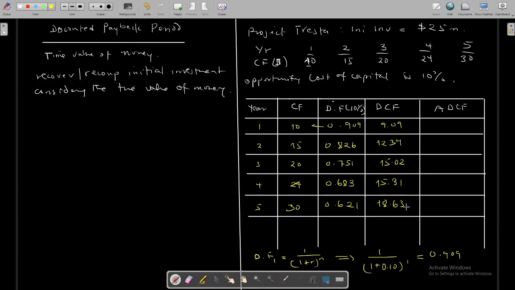So now that we have found the discounted cash flows, we need to find the payback period. But before we can find the payback period, we need to take cognizance of the initial investment.